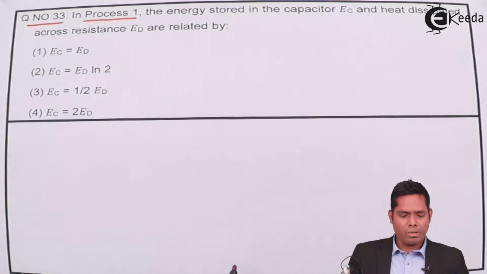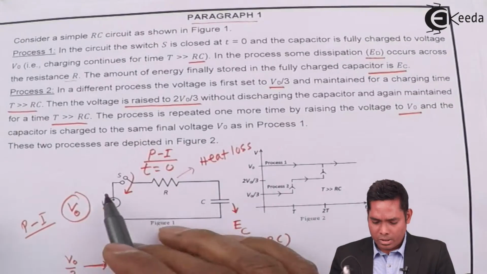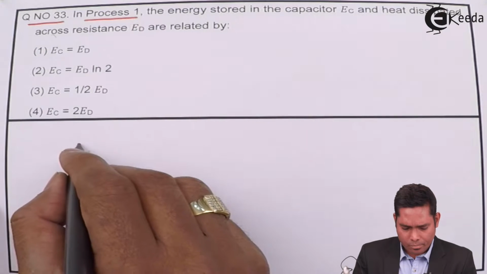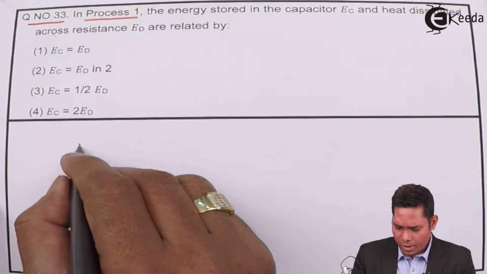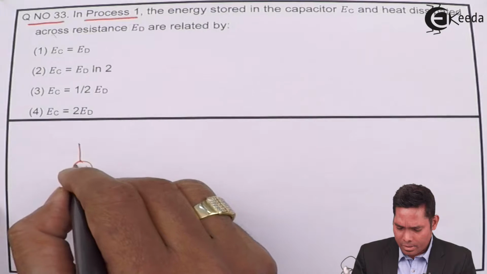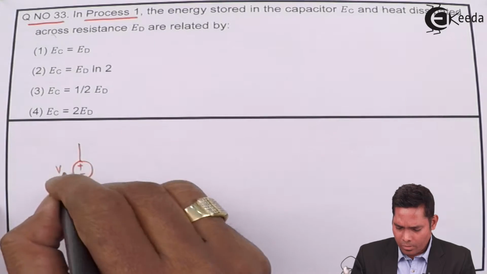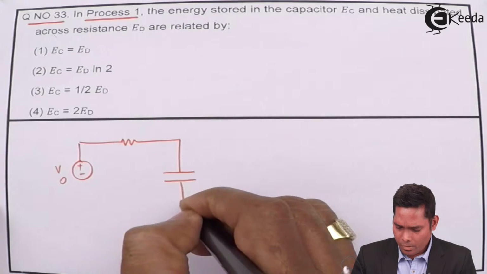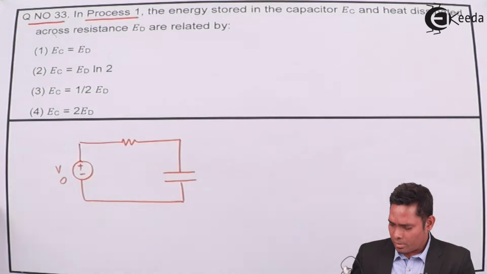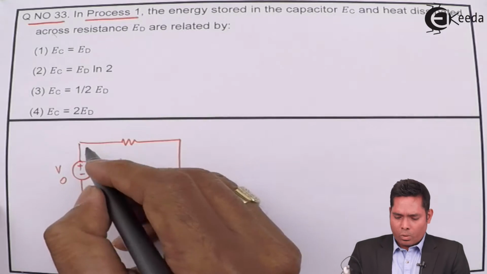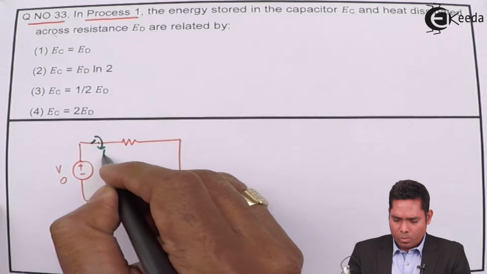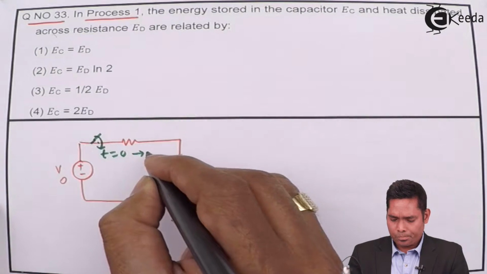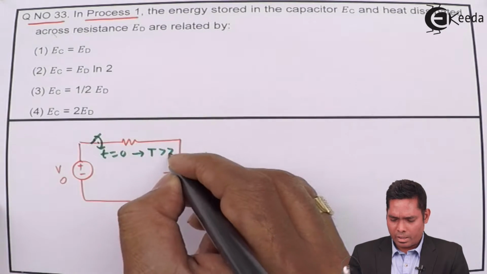So in process 1 we have already seen that the voltage is V0. So we have a situation like this: the supply is V0, there is one R and one C, and the switch is closed here at time t equals 0, and it goes to time t much greater than RC.